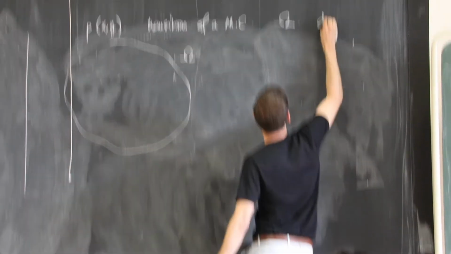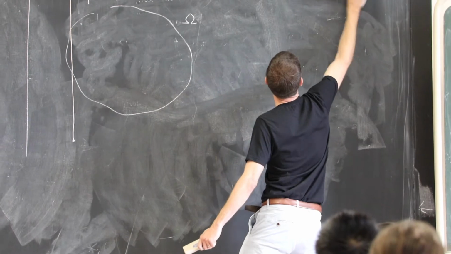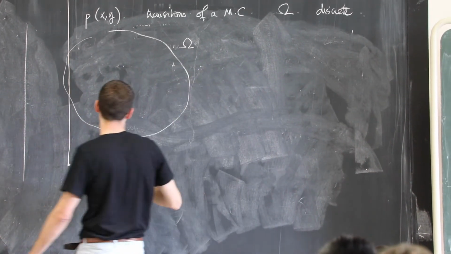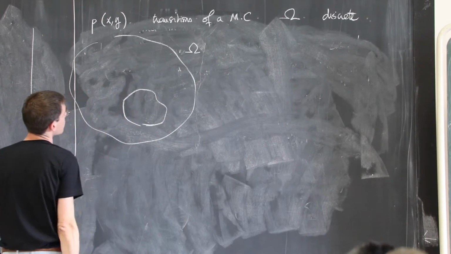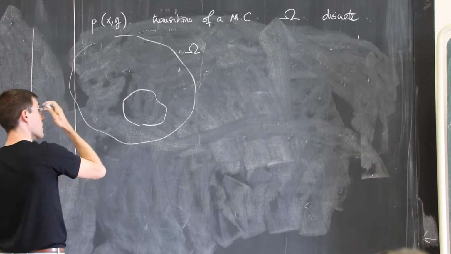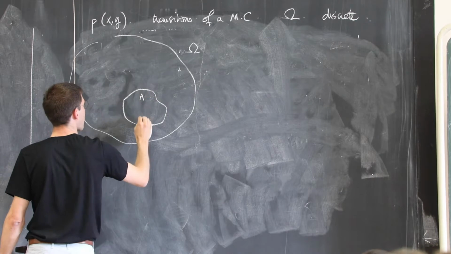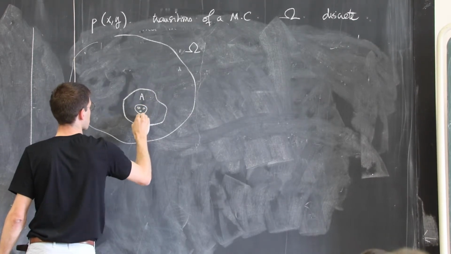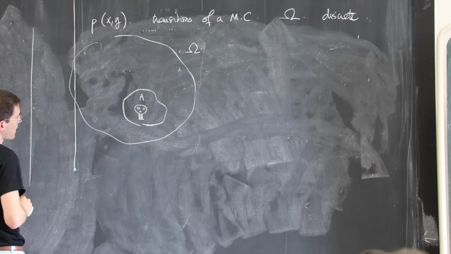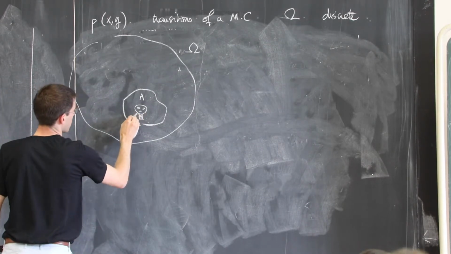Everything is discrete here, but that's working in the general case as well. So assume you've got a part in your omega, which I denote A, and think of it as the symmetry.